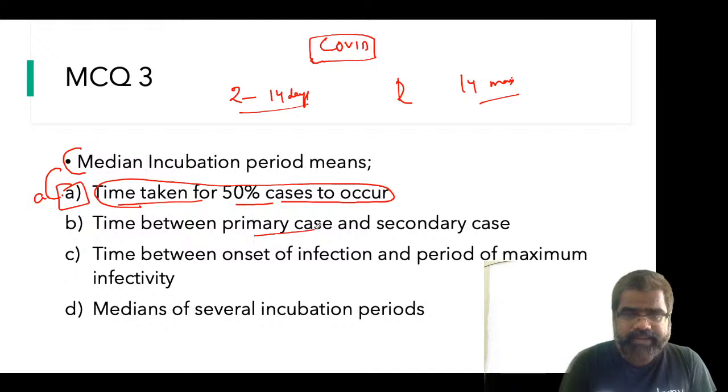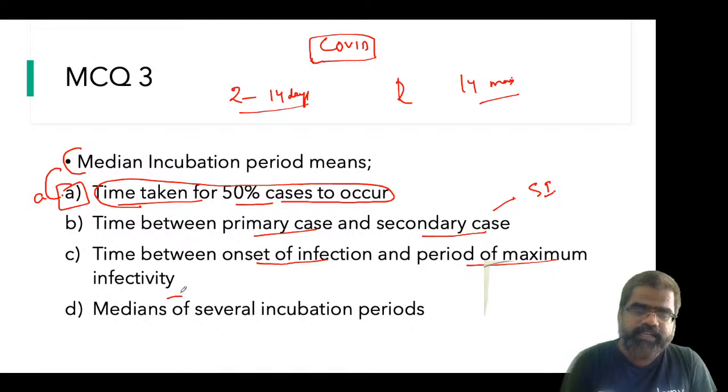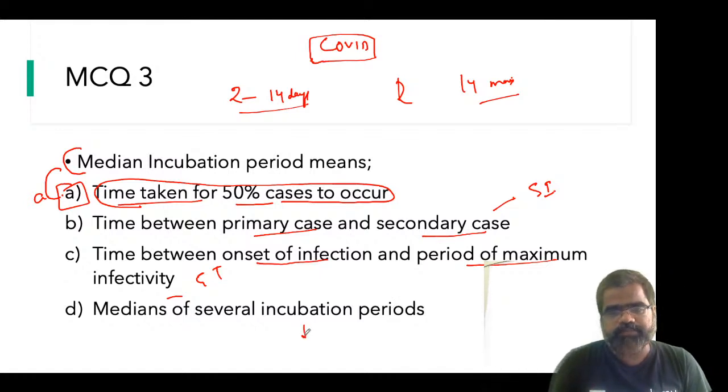Time between primary case and secondary case, you know what this is? Serial interval. Time between onset of infection and period of maximum infectivity is generation time. And when you take the average of several incubation periods, it becomes the median of several incubation periods.